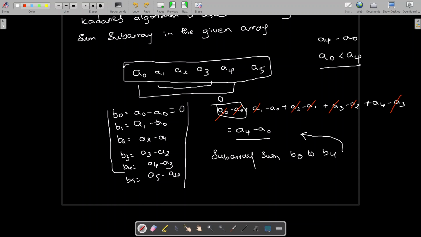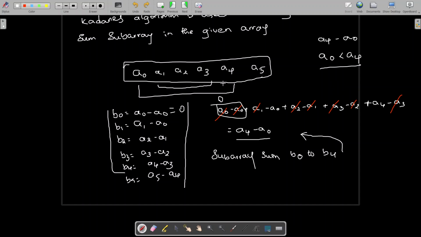In that way we will be computing a separate b array, and we'll use this in order to get the profit.